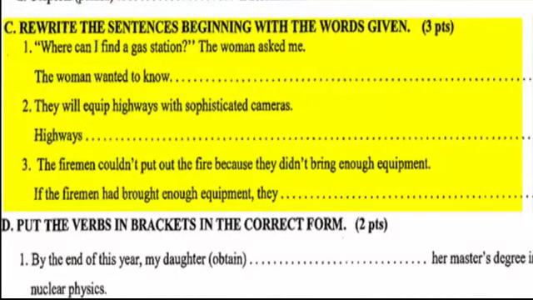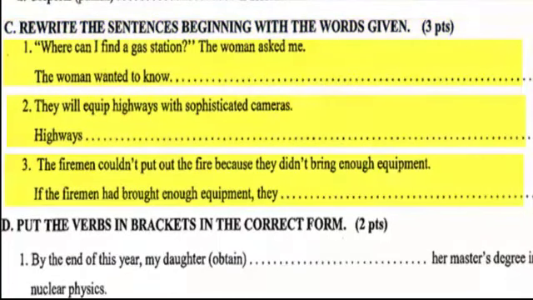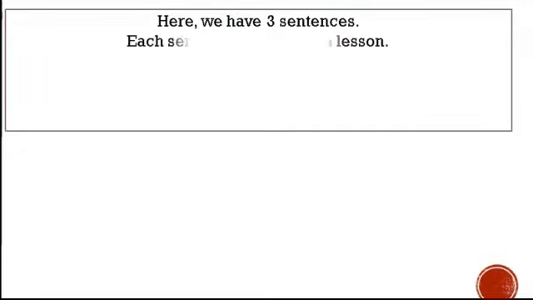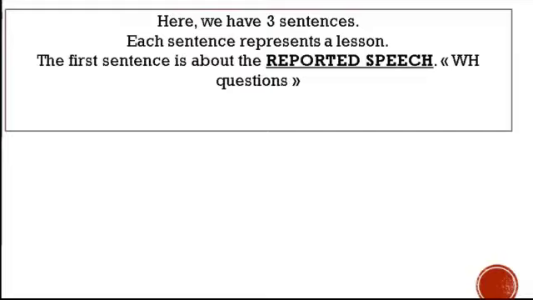Again here, concerning question C, we have three sentences: sentence number one, number two, and number three. As I told you in question A, the same thing can be applied in question C. We have three sentences, which means you have three lessons. So each sentence represents a lesson. The first sentence is about reported speech, as you can see here.